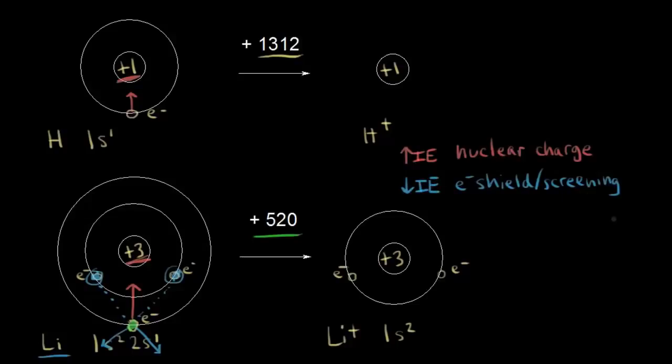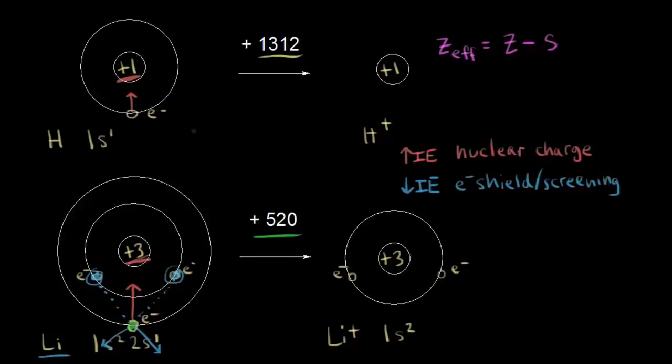Now, nuclear charge and electron shielding go hand in hand, and one way to relate those would be to think about what's called the effective nuclear charge. I'm going to write the effective nuclear charge, Z_eff, is equal to the nuclear charge, which is Z, minus the effect of the shielding electrons. This is a very simplistic way of doing the math here.